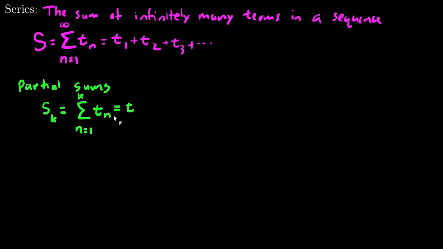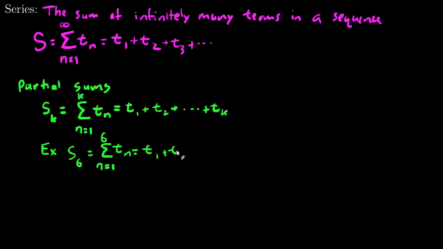So that's going to be put in the 1 plus put in the 2 plus put in the 3 all the way up to the kth term. Quick example. If I have S sub 6, that will be the sum as n goes from 1 to 6 of t sub n, which will be the first term, plus the second term, plus the third term, plus the fourth term, plus the fifth term, plus the sixth term.